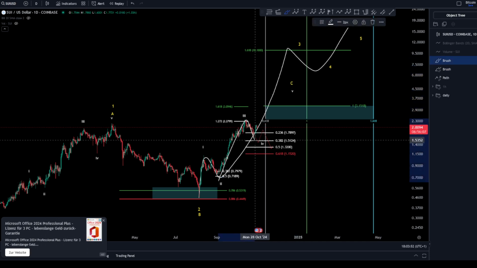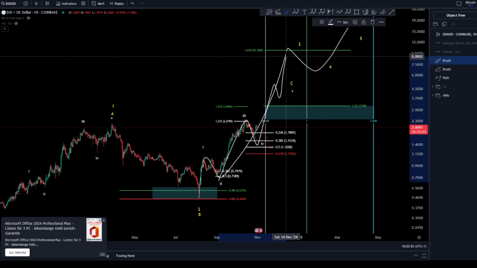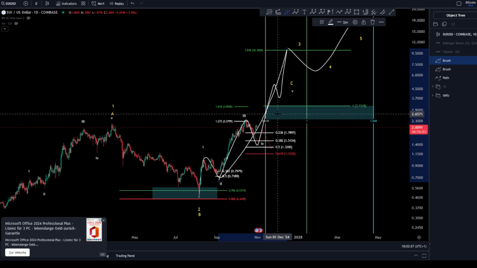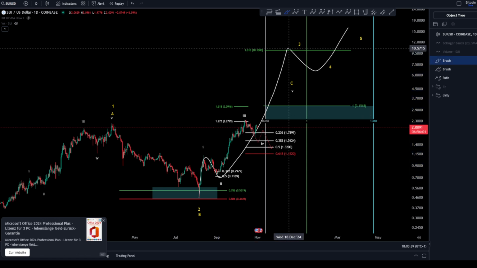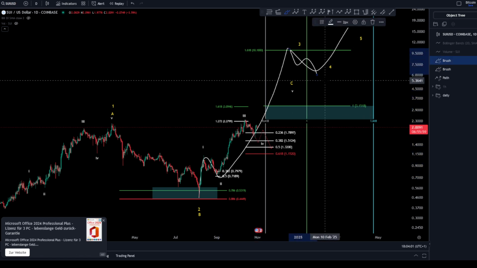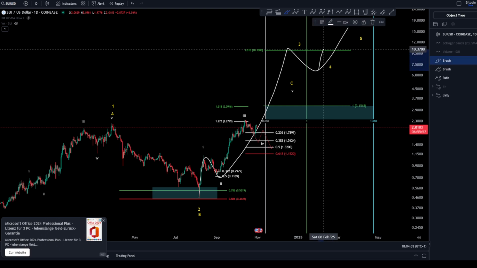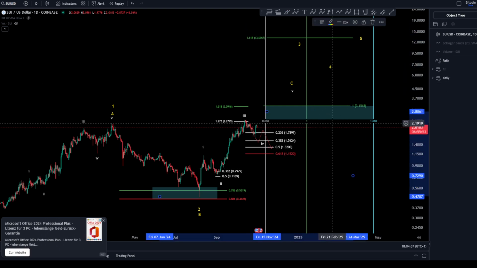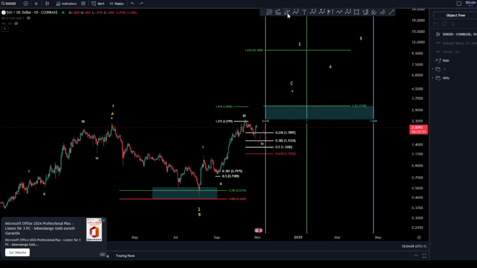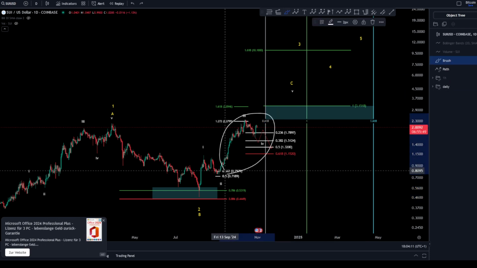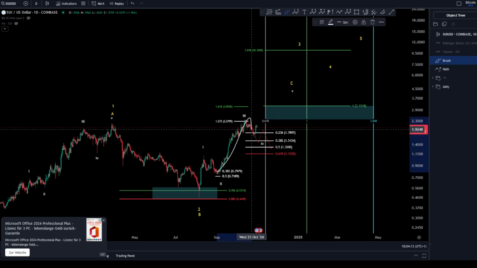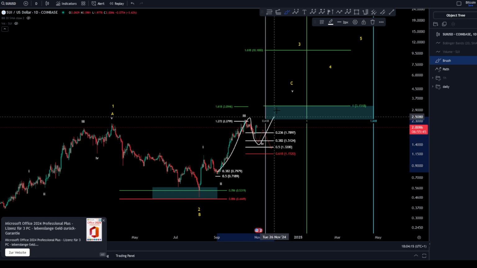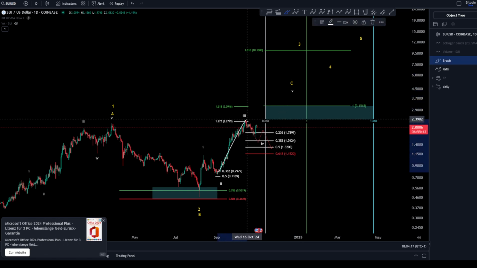Your wave 3 should have such a big 1, 2, and then 3, 4, and a 5 at least. Or possibly you are going into a diagonal, but a very volatile, contracting diagonal for your wave 3, and then of course 3 corrective waves for your wave 4, and then impulsive one more time for your wave 5. In that scenario, this length can play a 1, 2 for your contracting diagonal, or even it can be an impulse.